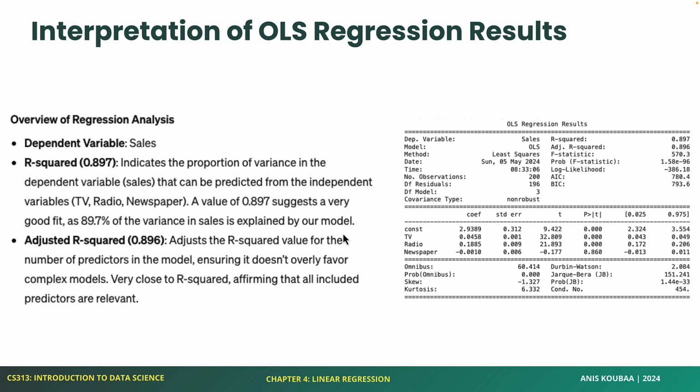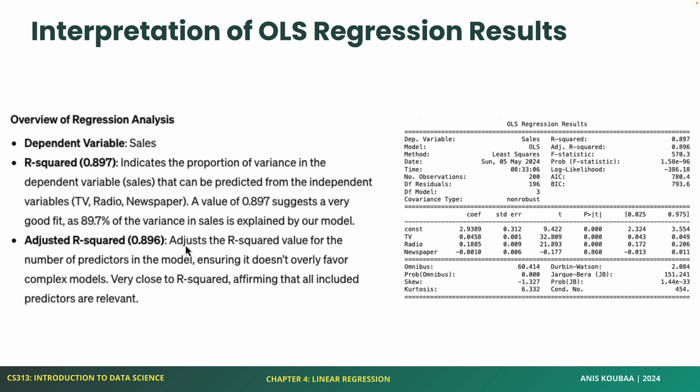It means the level of noise is only around 10% that cannot be explained. Of course, if you have a big discrepancy, the R square statistic will be very low. So the variance in the sales is explained by the linear regression model that we have derived.